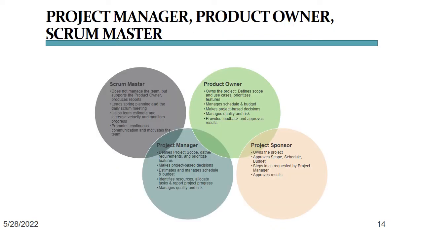Let's talk about how the roles are distributed among Agile and Waterfall projects. We'll start with the Scrum Master. The Scrum Master does not manage the Agile team.